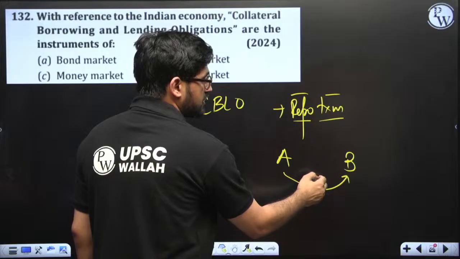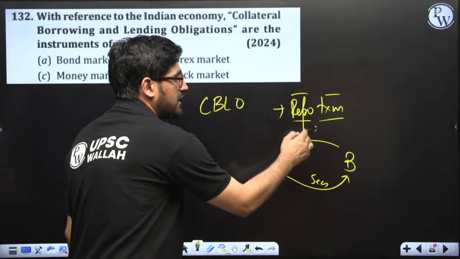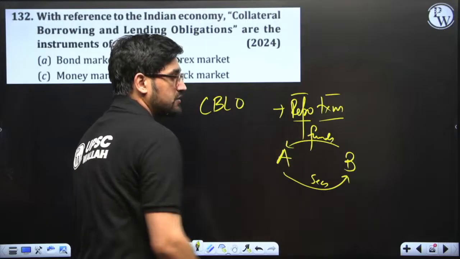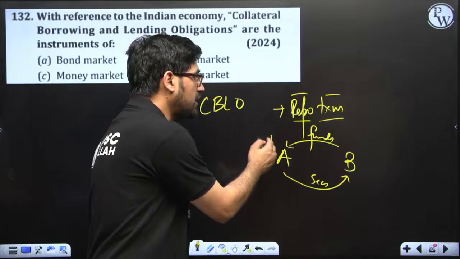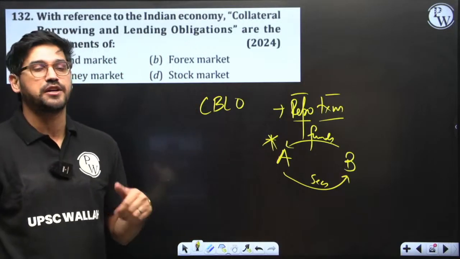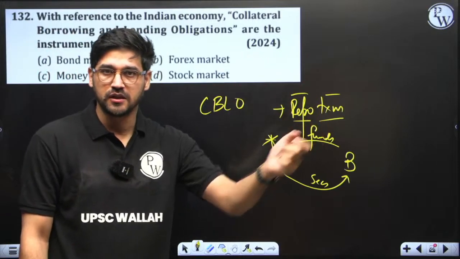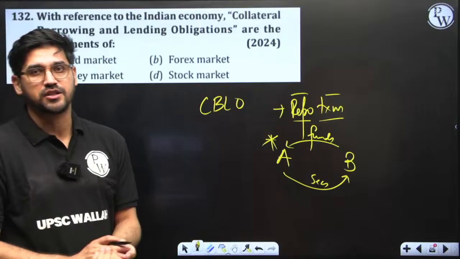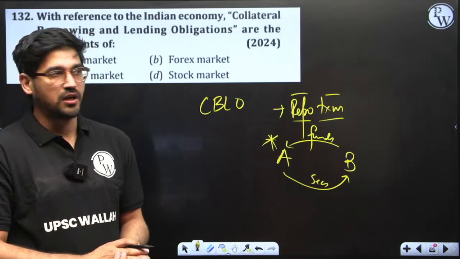Party A pledges some securities with party B, while party B gives to party A some funds. The moment party A pledges the securities to party B, it also undertakes simultaneously a repurchase obligation of buying these securities back at a future date and at a future price. This is a generic type of transaction in money markets, which is called a repo transaction.